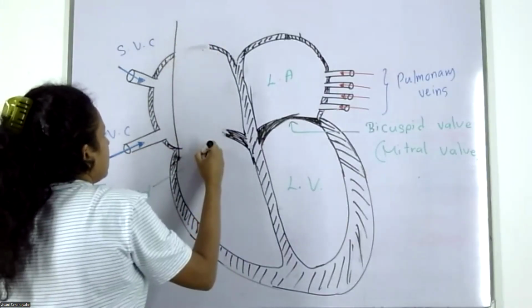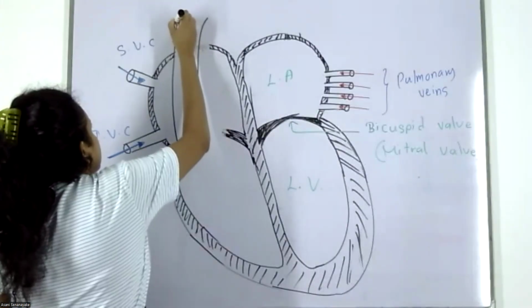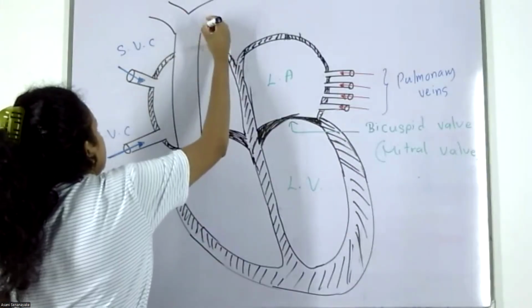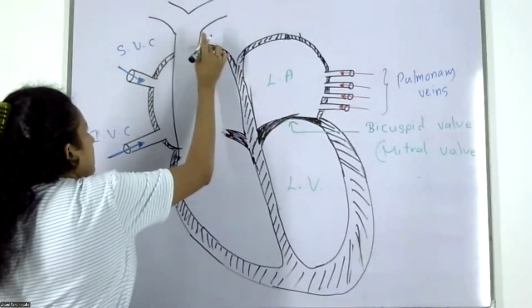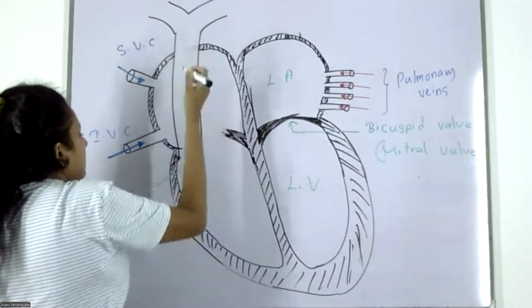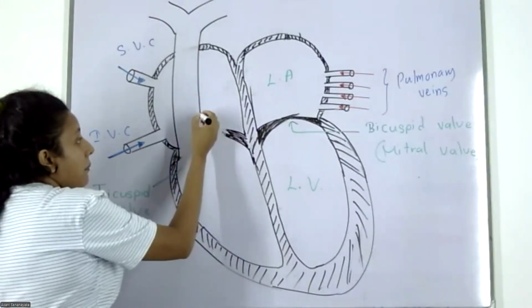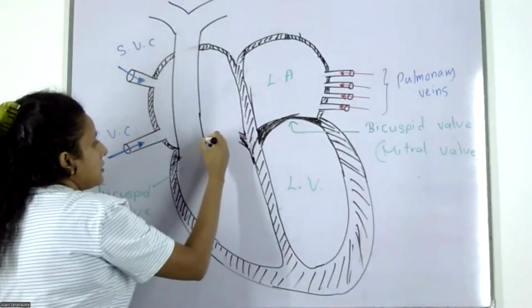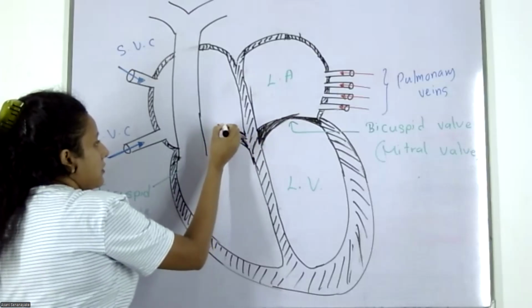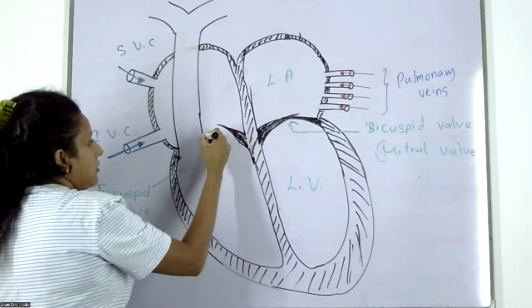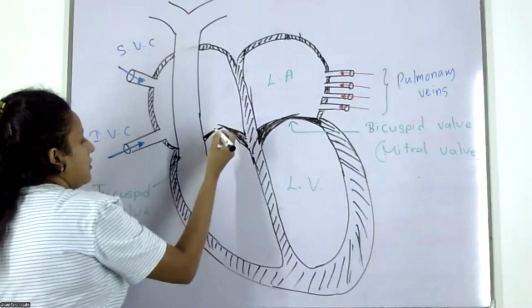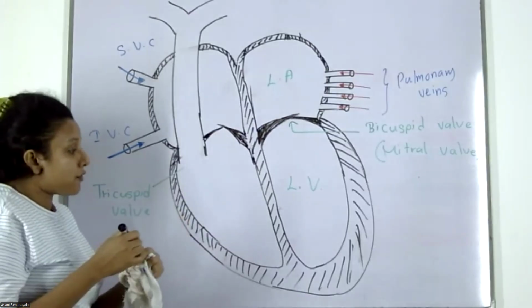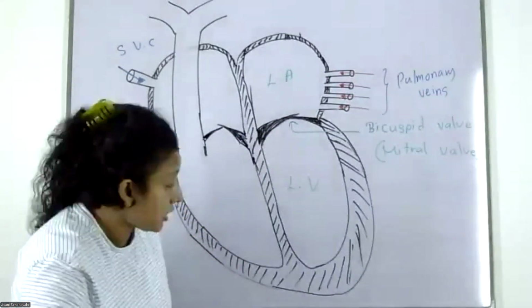Another vessel is there. We call this the pulmonary artery. The pulmonary artery always starts from the right ventricle.